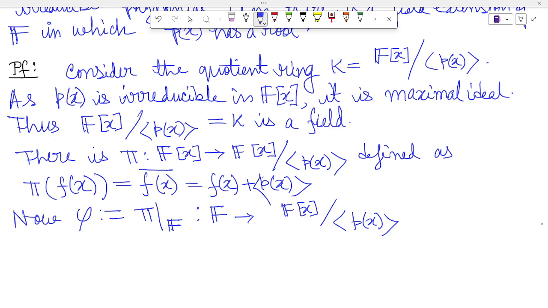So that is an extension from F to F[x] mod p(x). That is a surjective extension. Surjective homomorphism.